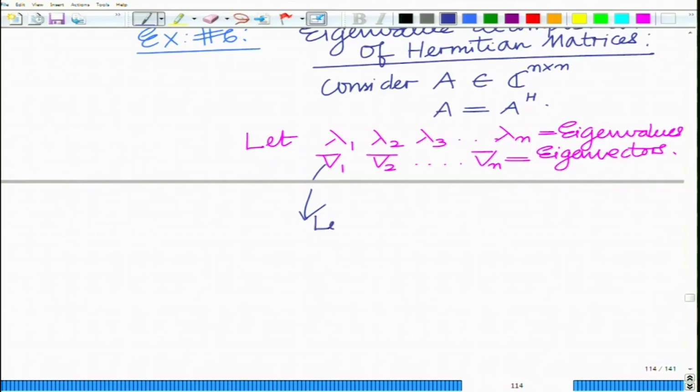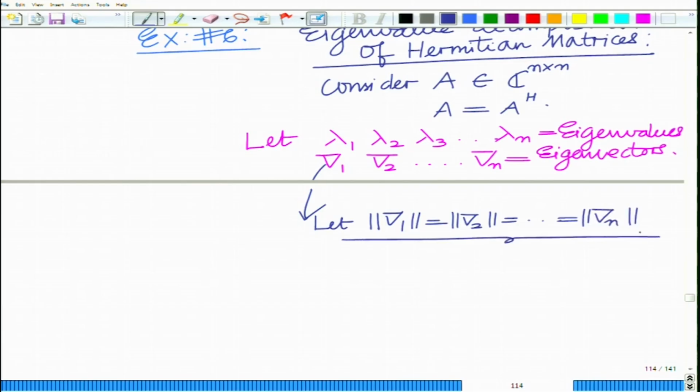So, let norm V1 bar equals norm V2 bar equals norm Vn bar equals 1.